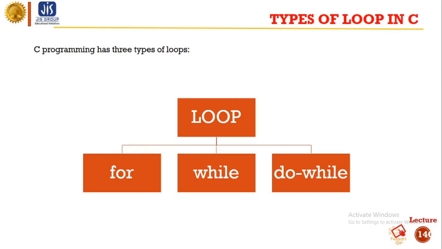An infinite loop is also called an endless loop. Following are some characteristics of an infinite loop: number one, no termination condition is specified; the next one, the specified condition is never met. The specified control or condition determines whether to execute the loop body or not.